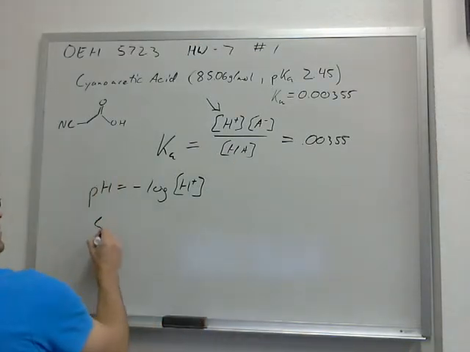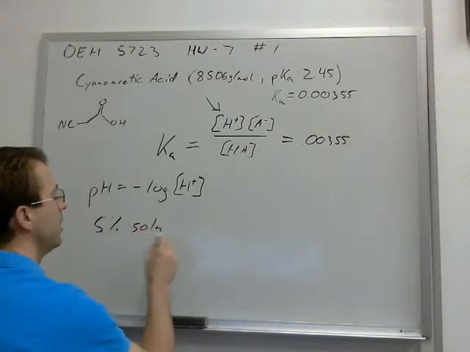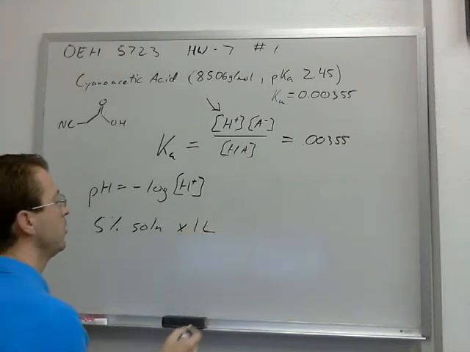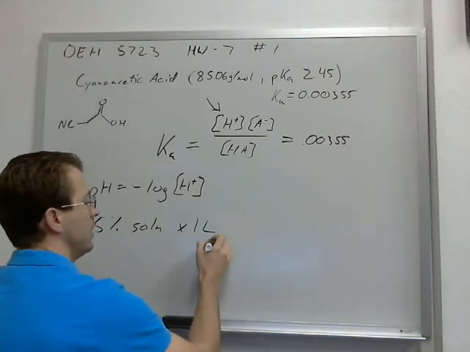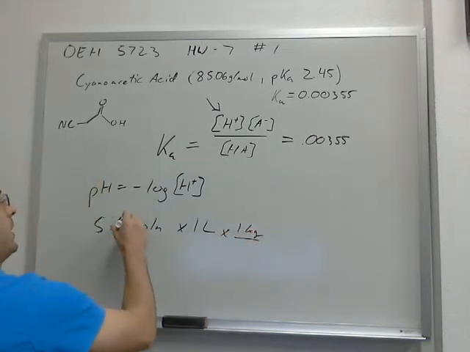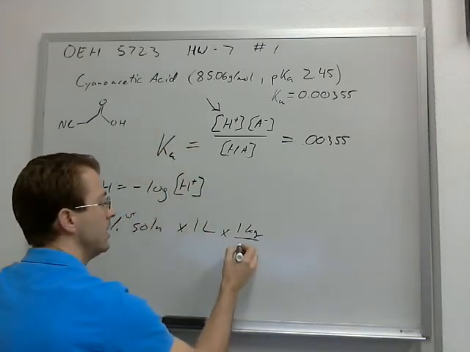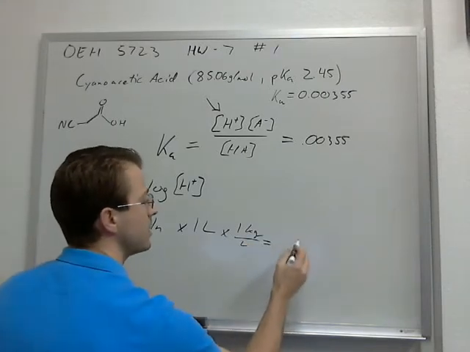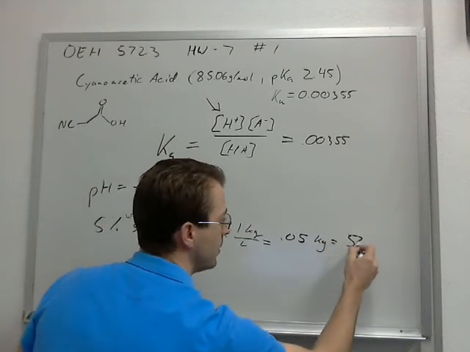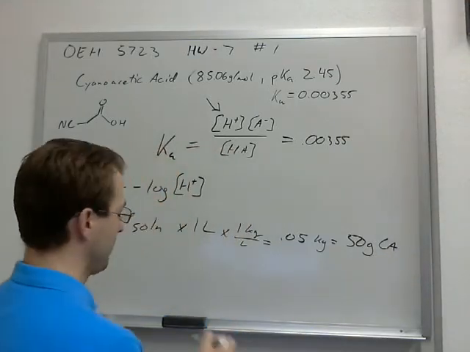So a 5% solution, if we assume 1 liter, then we have 1 kilogram per liter, this 5% by weight of a solution of cyanoacetic acid. So this comes out to 0.05 kilograms, which is equal to 50 grams of cyanoacetic acid.